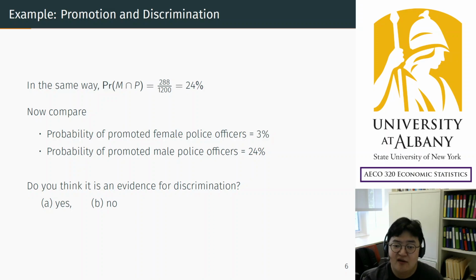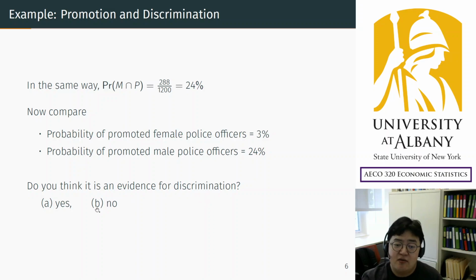And then, do you think this is evidence? Does this analysis show that there exists discrimination against women in promotion? Just think about it. Or if you think it's not the right way to make this comparison, think about why it is misleading.